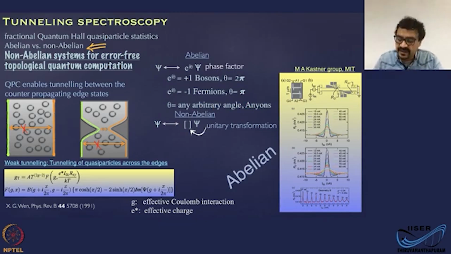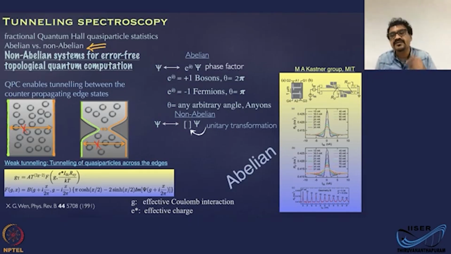Okay, now if it's non-abelian, this exchange is equivalent to a unitary transformation, and that is where you have the possibility of using the states to store information and manipulate information. If you have a system of n particles, then there are 2 to the power n different ways you can exchange, and you have 2 to the power n different states to store and manipulate information.